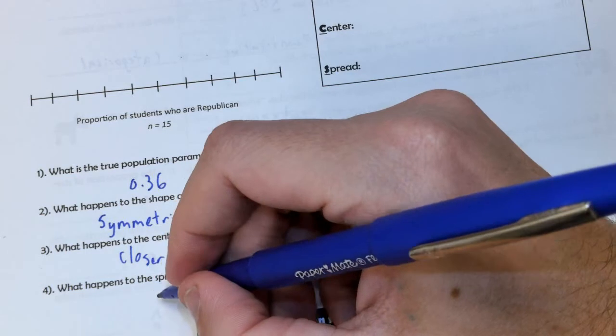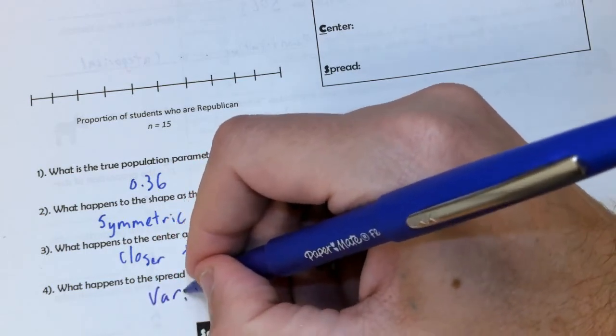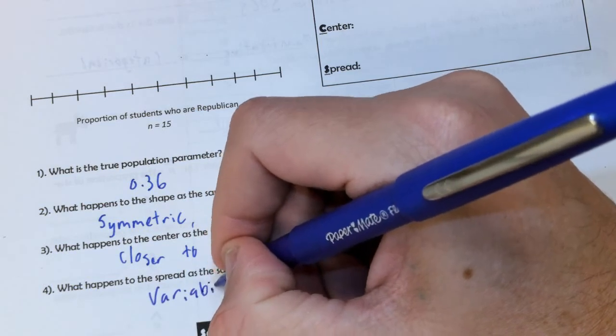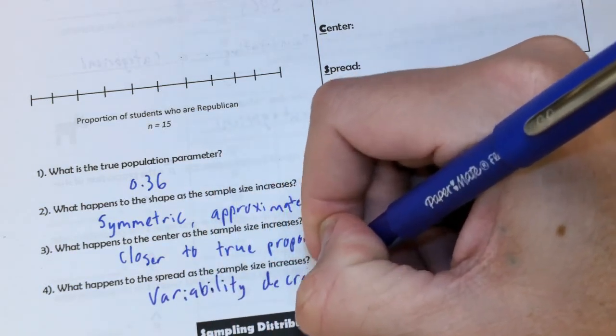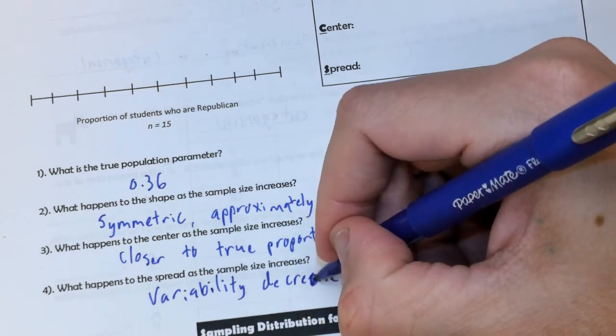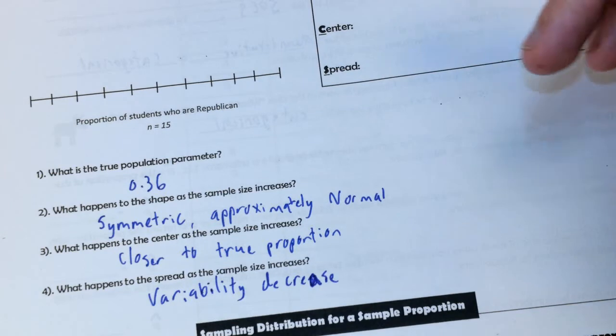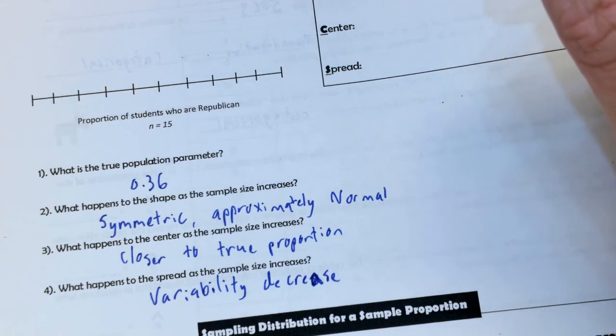And we notice that there is a smaller spread or variability. Which makes sense, right? If we take a larger sample size, we are taking more individuals. It's less likely that we will stray from that true population proportion.